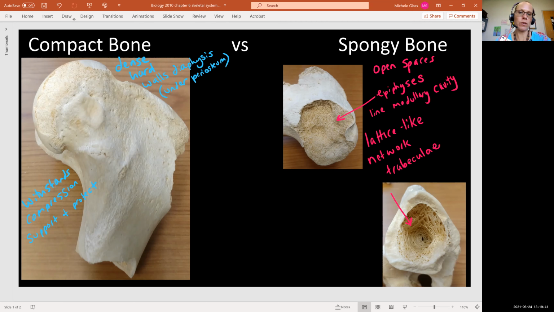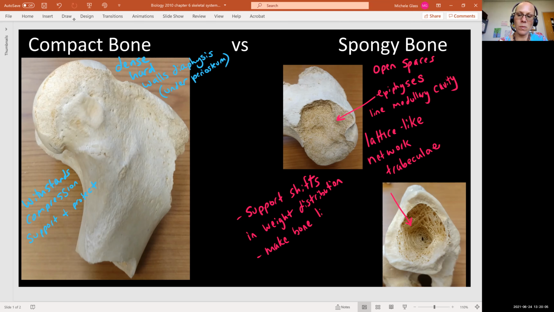What is it going to do for the body? It's going to support shifts in weight distribution. It's also going to make a bone lighter. We have to carry this business around all the time, right?